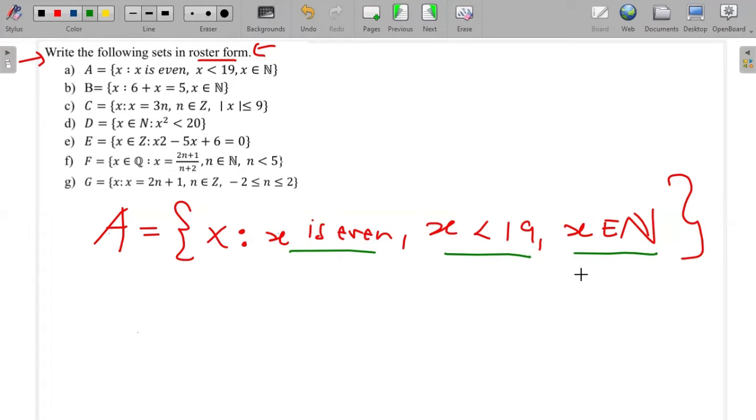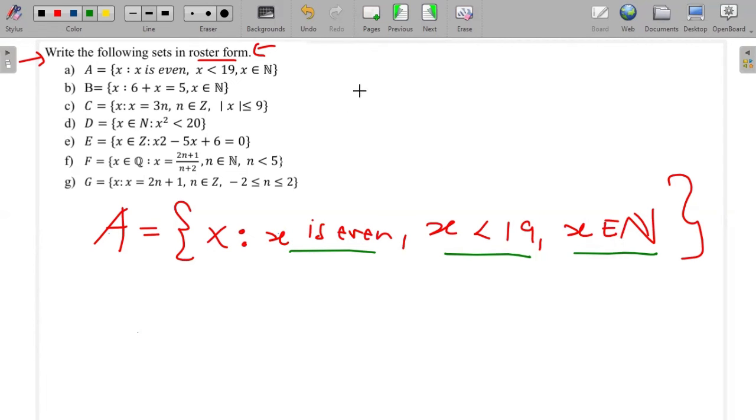For the natural numbers, which ones are actually less than 19? We said natural numbers start at 1, then they increase by 1, just like that. So 1, 2, 3, and so on to wherever you are going. But they've said x should be less than 19, so the natural numbers I'll be interested in here are those less than 19.